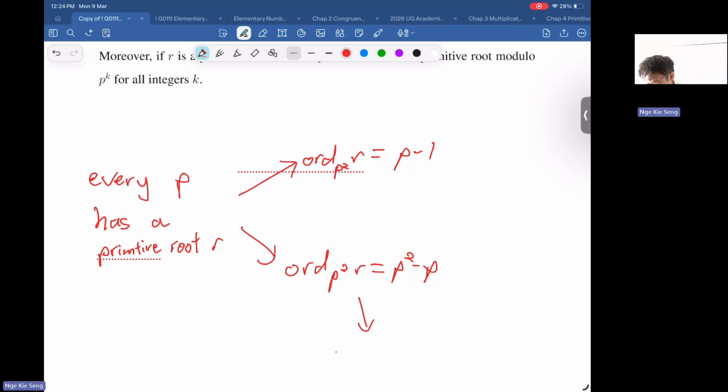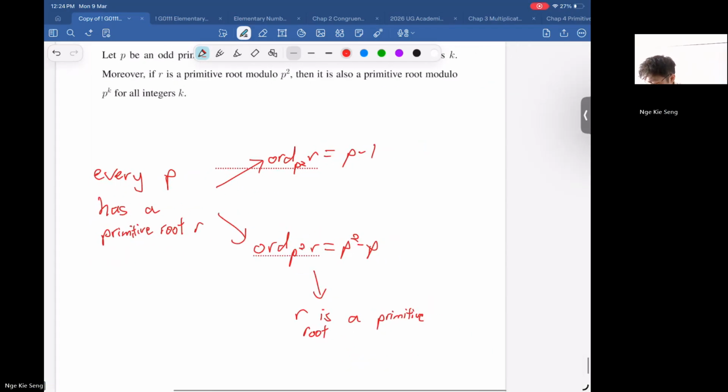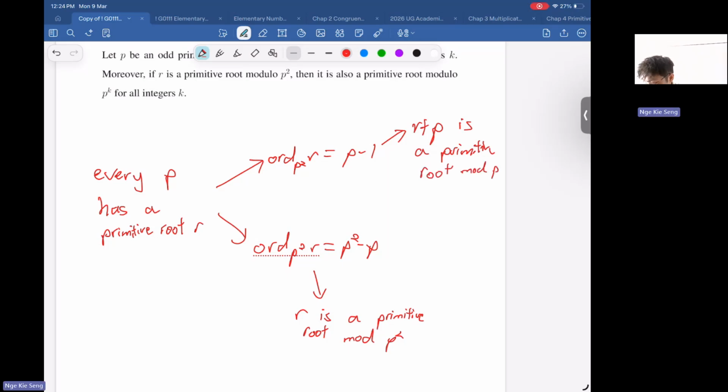The latter implies that r is a primitive root mod p squared. And in the former case, this implies that r plus p is a primitive root mod p squared. r is not a primitive root, but r plus p is.